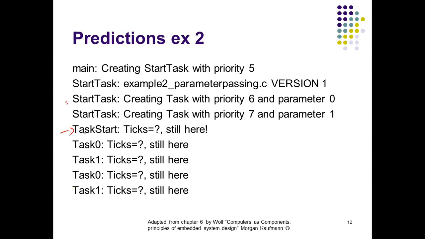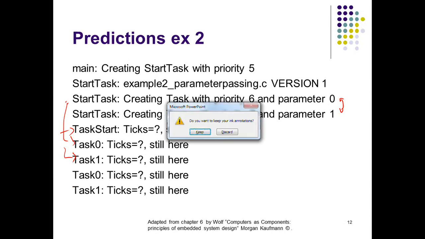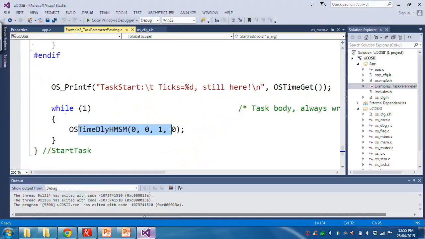Once start task goes to sleep, then task 0 comes into play and prints out its message. Then task 1 prints out its message, and it does it in this order because I've got my priorities 6 and 7 with my parameters 0 and 1. So that's simple enough code, and that works as you expect.